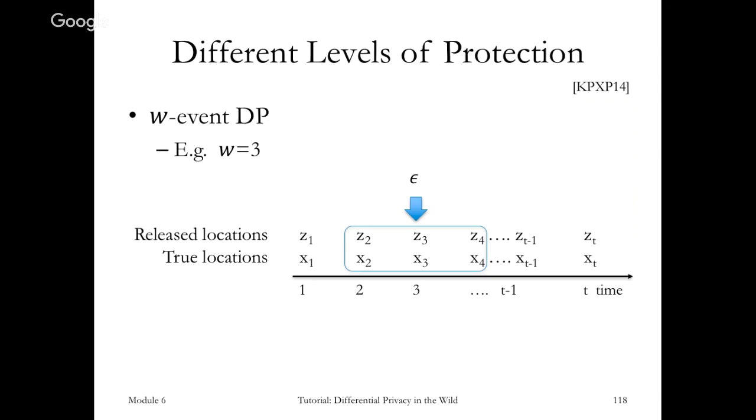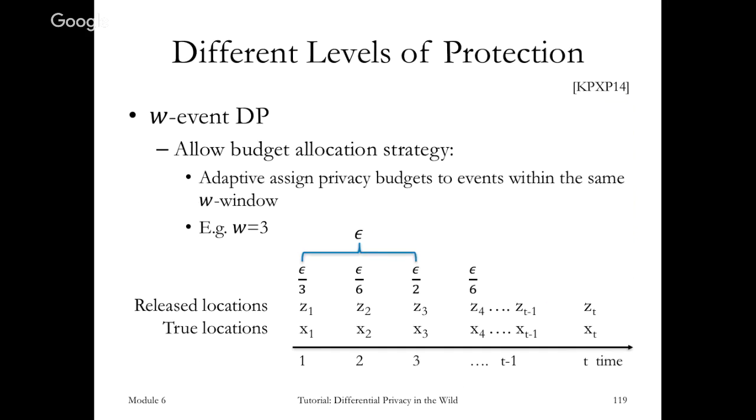So a naive way to achieve differential privacy for this window is to split the budget across each event in the window, in this case epsilon divided by 3, and it easily satisfies our W events differential privacy. The prior work proposed some more adaptive ways to assign privacy budget within a window.